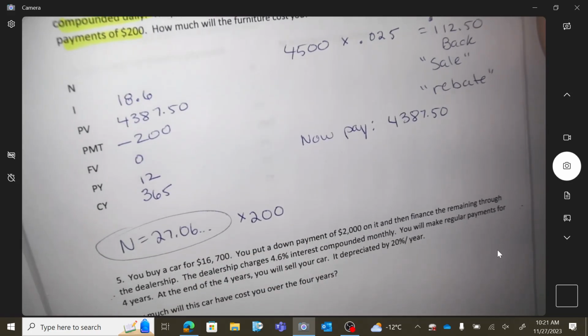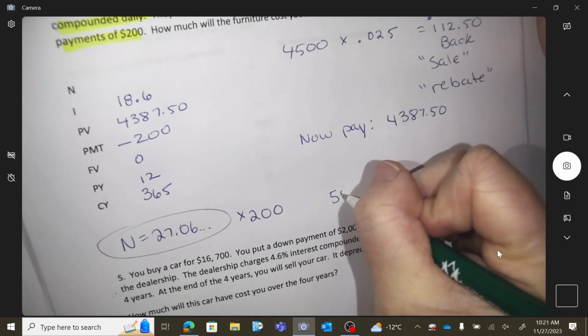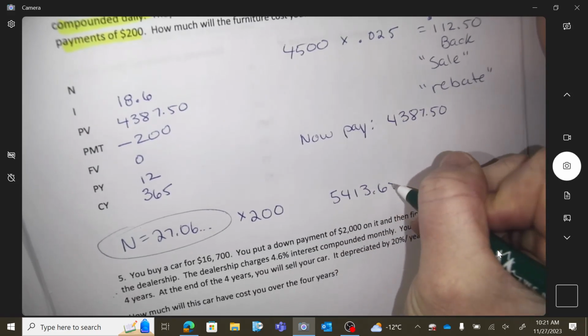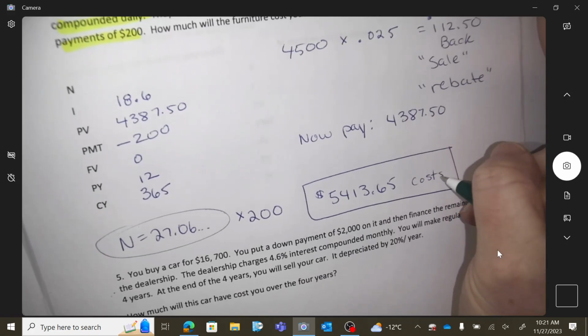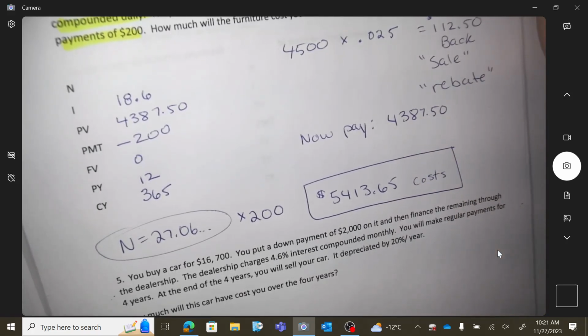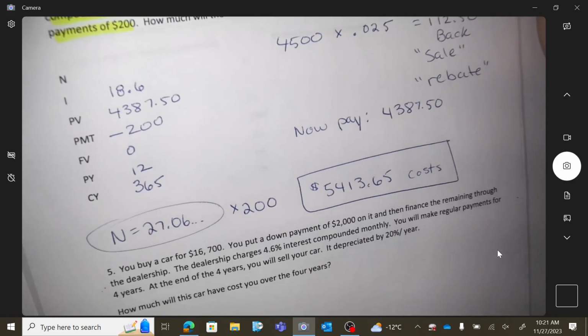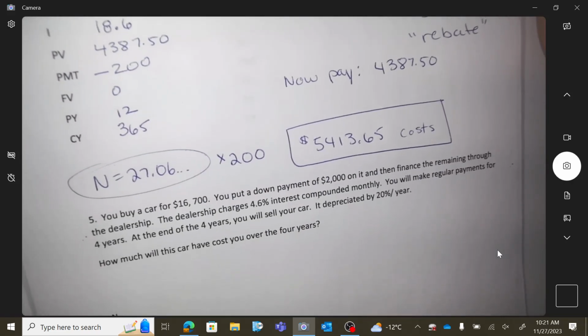Okay, so that's a copy and paste again, right? And then that's the final. I didn't ask for interest. I just said what do you pay in the end? So the last question I said interest. This one was just costs.